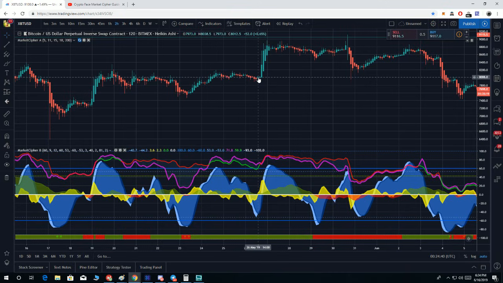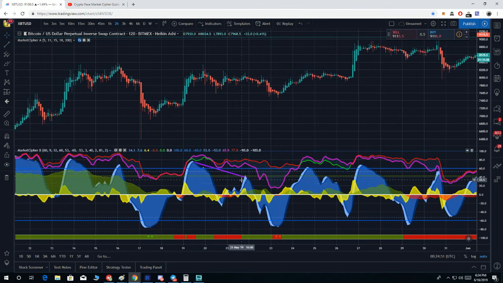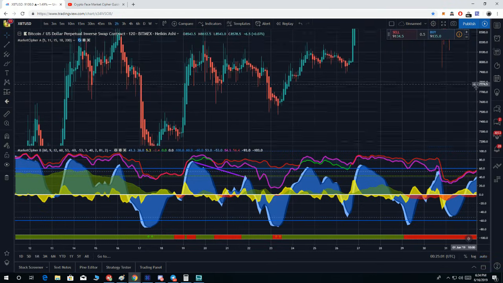If you entered long right here, you're living pretty darn good. Okay? Right here, if we're on the top, big wave, smaller wave, then I would short when the white cuts into the blue. If you shorted this candle right here, 79.94, price came all the way down here to the 7,500s.